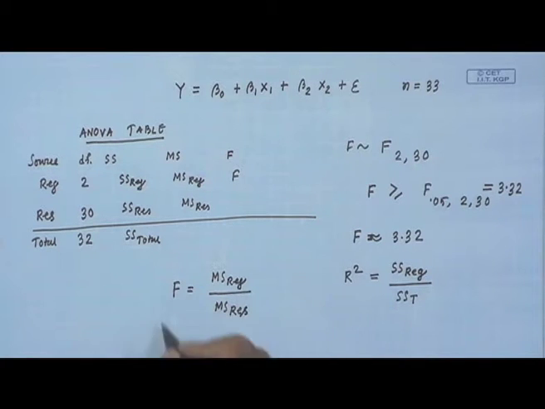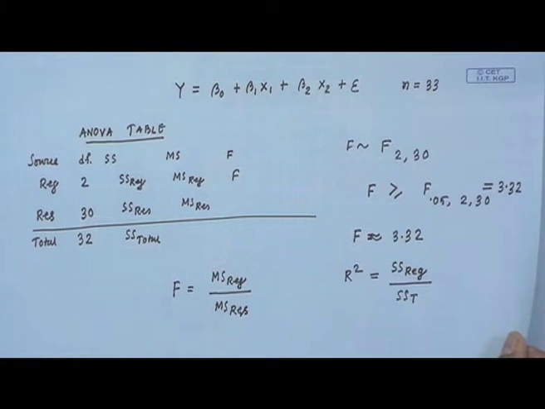So, you know the F value, you know their degree of freedom, but of course, you do not know separately the MS regression value and MS residual value. From F you have to compute R square. Okay, so, this is the problem. Well, we will see whether this R square can be written in terms of F.